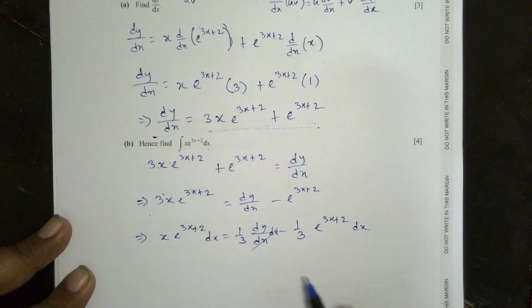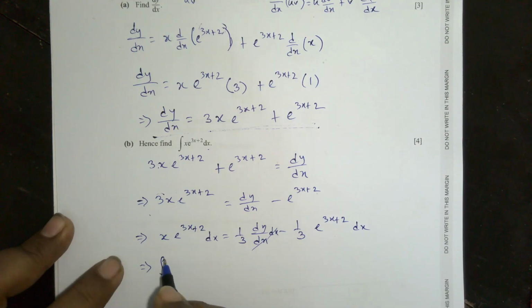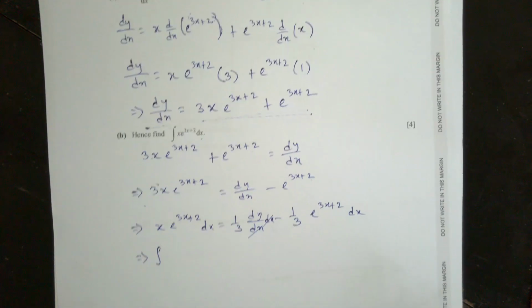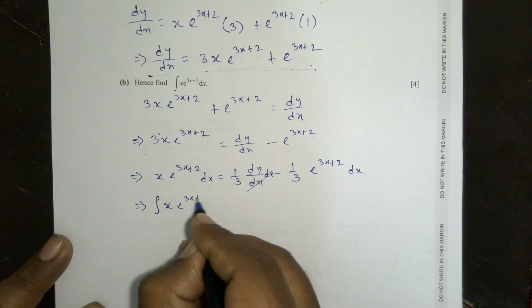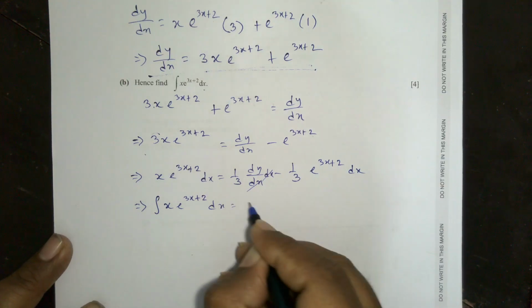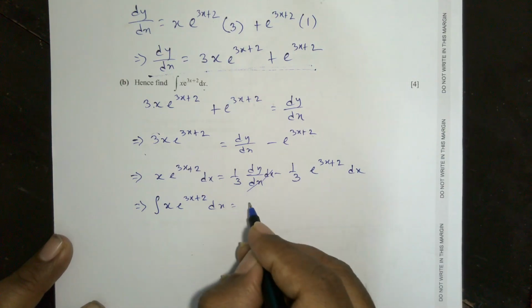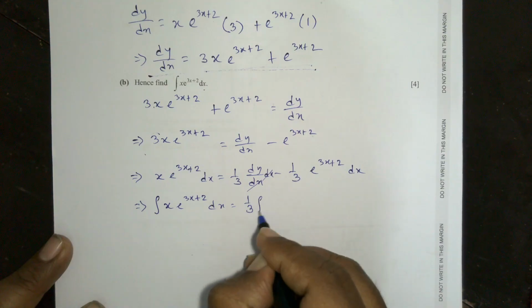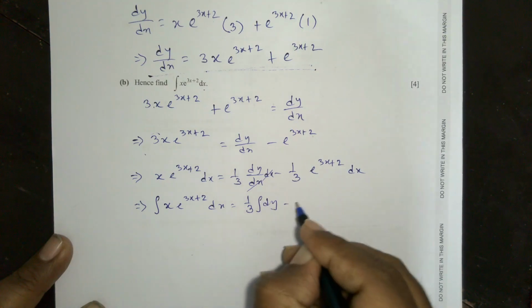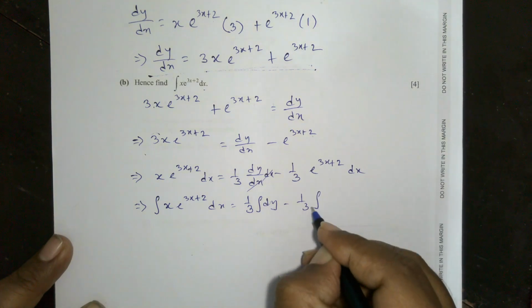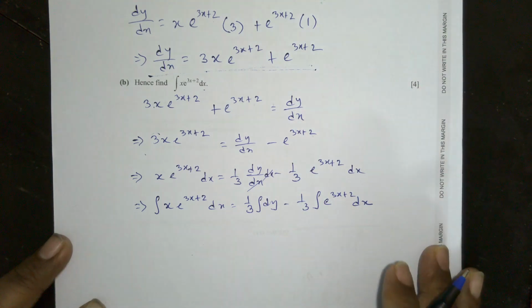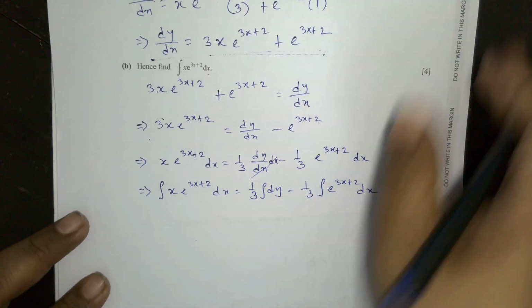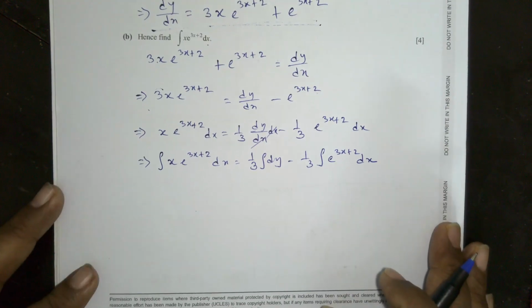Since it gets cancelled out, in the next line I can write the integral sign, and then x times e to the power 3x plus 2 dx is equal to 1 over 3, which is just a coefficient, so let's keep it outside. It will be dy minus again 1 over 3 e to the power 3x plus 2 dx. Now we are almost there.